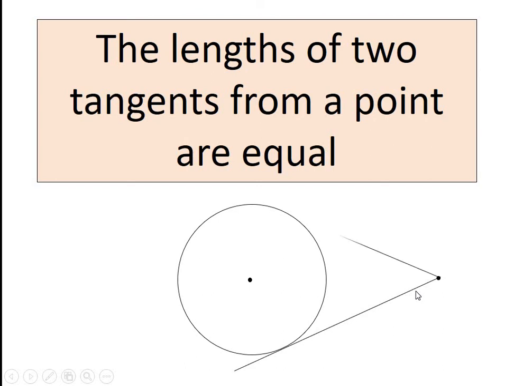If we had a similar tangent the other way, then where they meet the radius, those lengths there would be exactly the same. We know that this angle here is 90 degrees, so this is also 90. So what you've got here are two identical triangles.